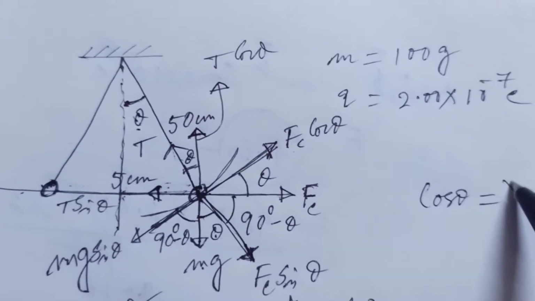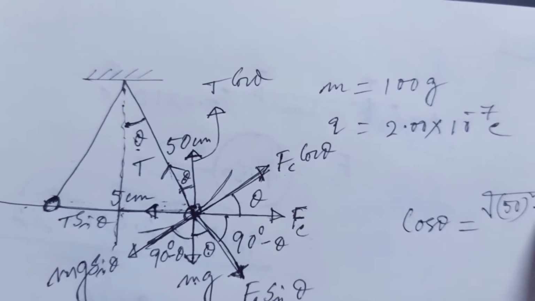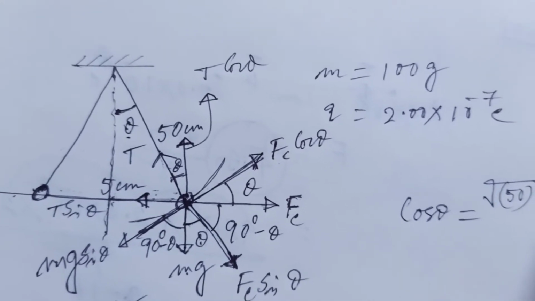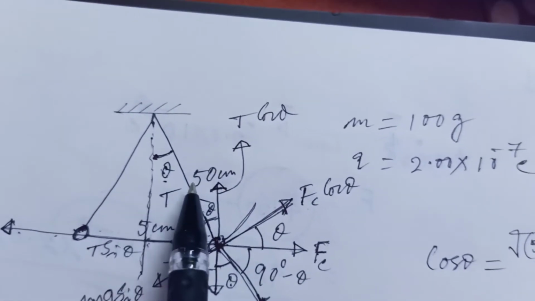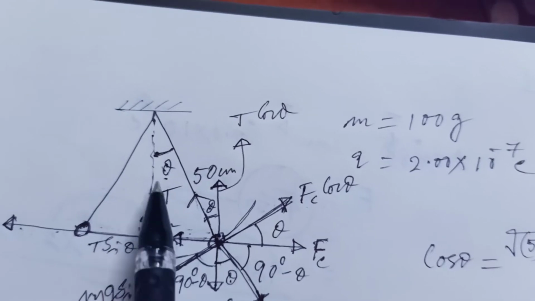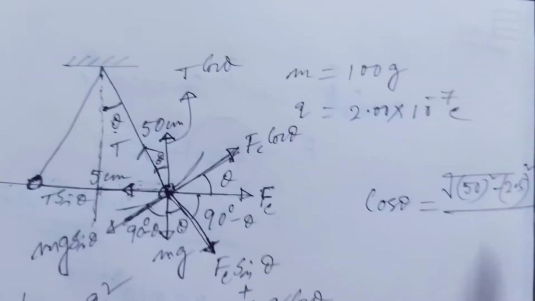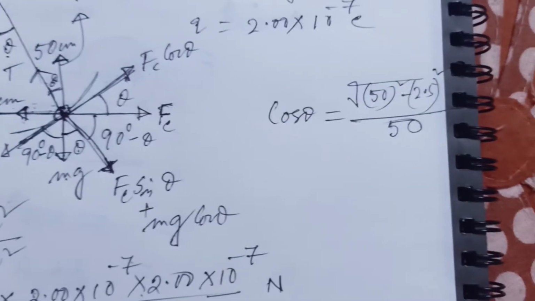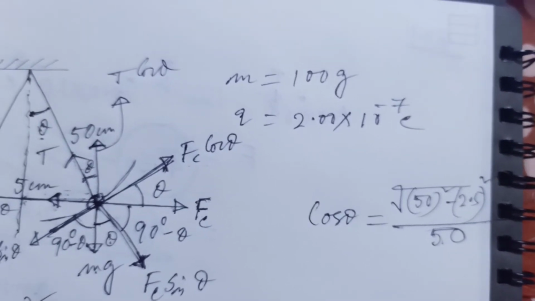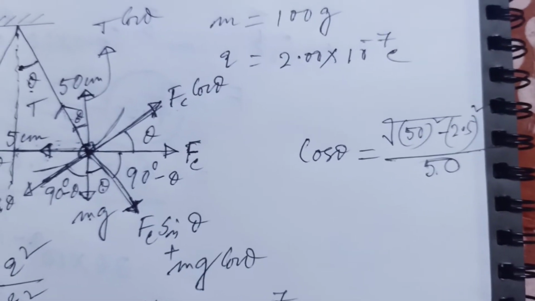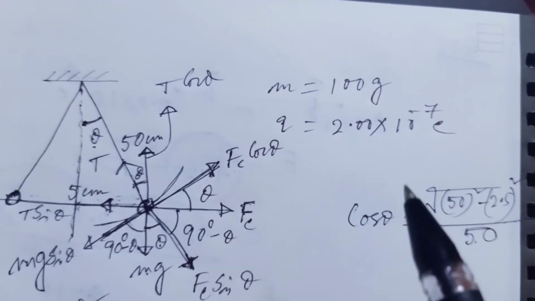Base is root under 50 square minus 2.5 whole square, since hypotenuse square equals perpendicular square plus base square, so this square will be this square minus this square, divided by 50. This is cos theta, and centimeter units cancel each other, so the unit has not changed.